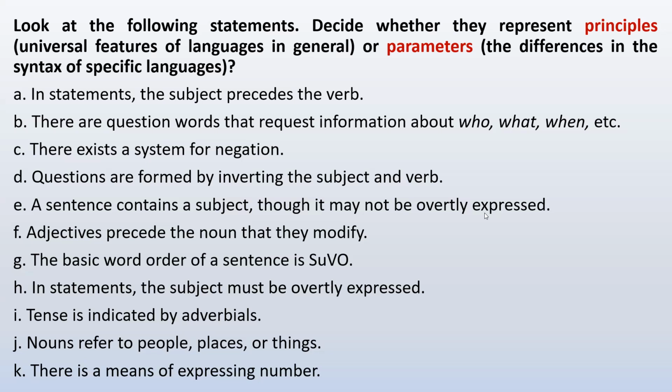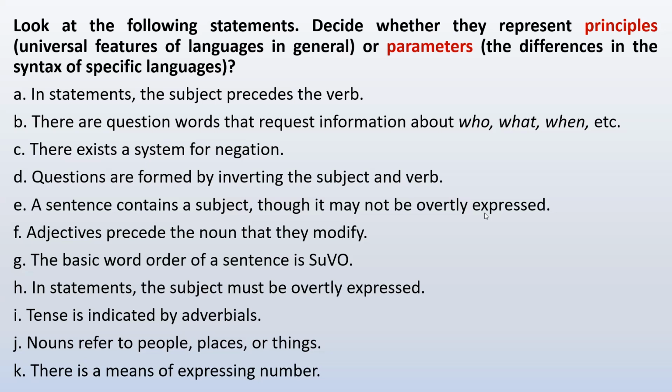Fine. See, there exists a system for negation. Now you know what negation is, right? Denying something, telling no. That is what you mean by negation in one word. So, a system exists to indicate no or negation.